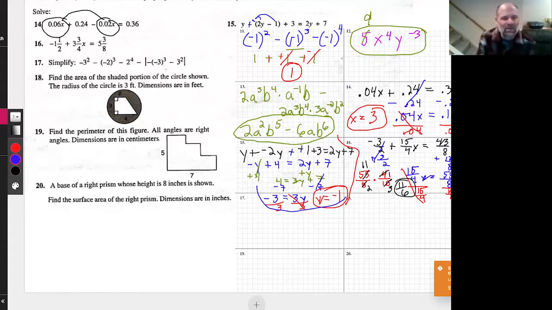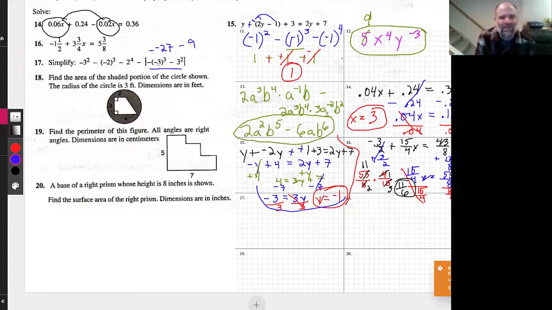So I'm gonna work up here a little bit and try to clean some of this up. First order of operations is parentheses. Remember, absolute value is a form of parentheses. So I'm gonna do this first. So let's see, that's negative 27 minus 9, right?